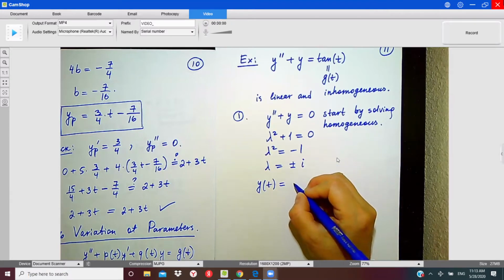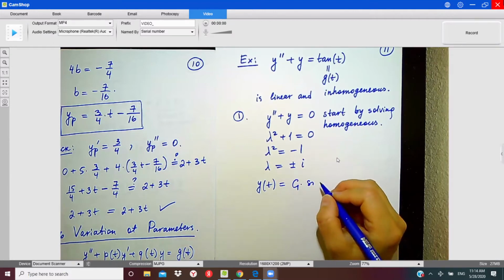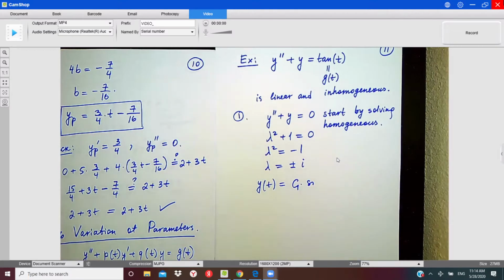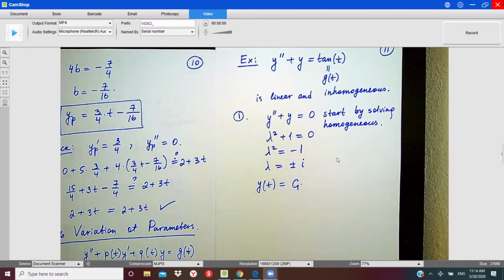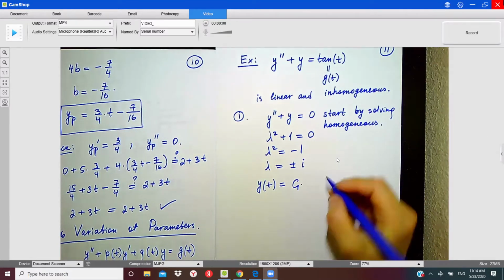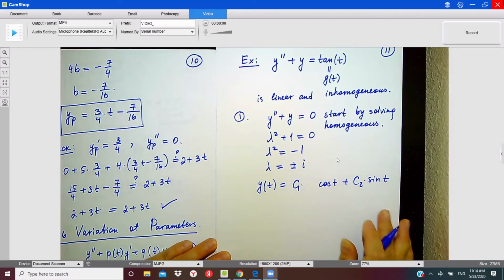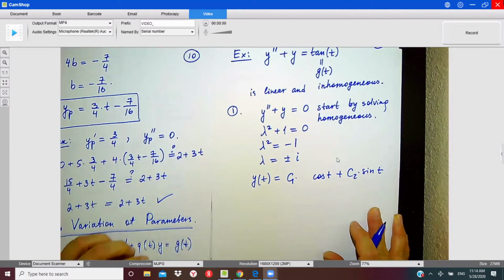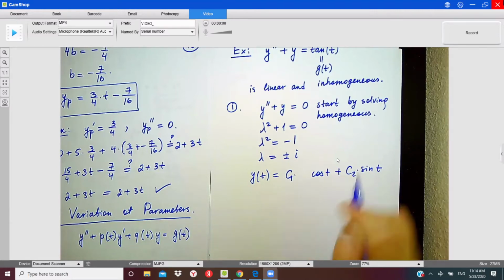So it's C sub 1 cosine, we usually say cosine first, and then C sub 2 sine of t. So we will have C sub 1 cosine of t plus C sub 2 sine of t. Are there any questions so far regarding this general solution of the homogeneous problem?